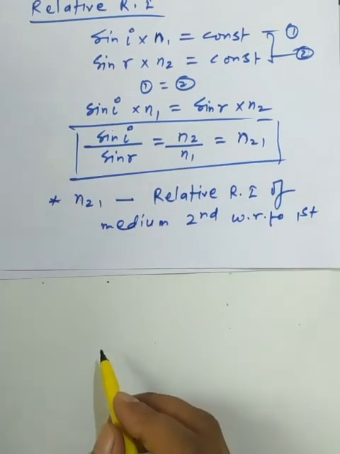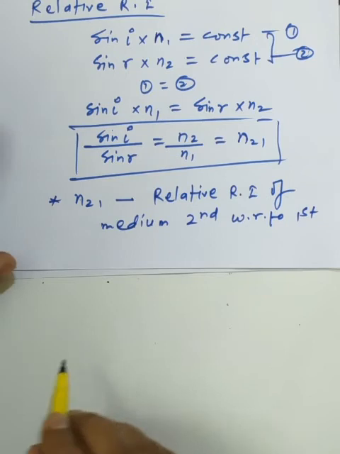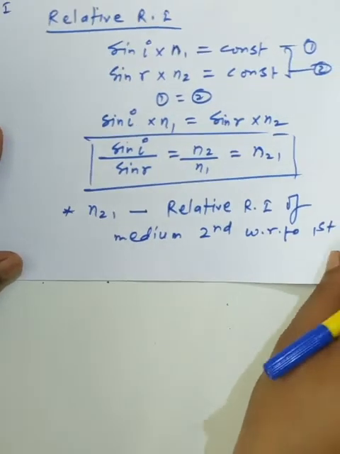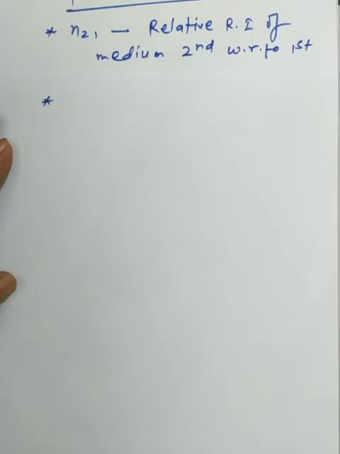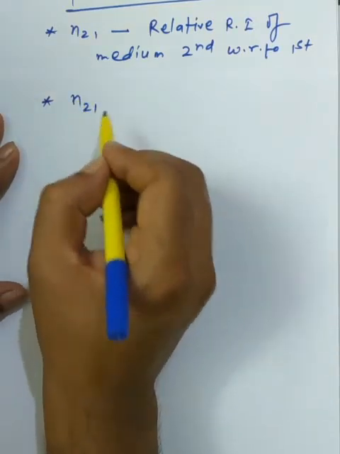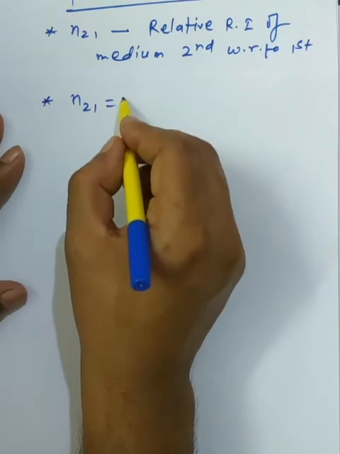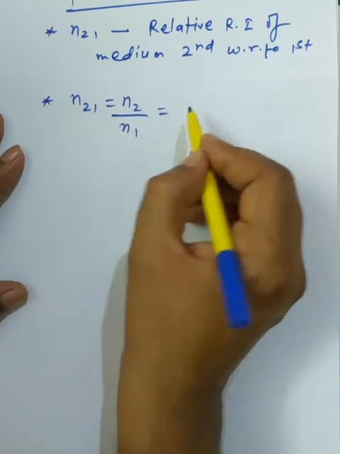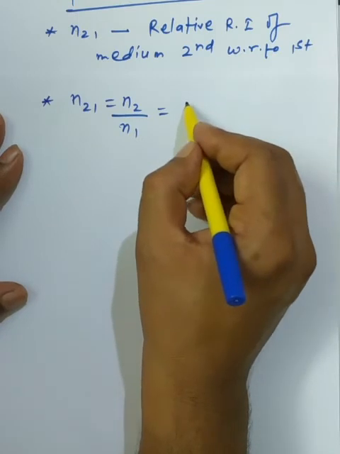This is the physical significance. Now we can twist this formula. How can we change this formula? I can write the formula in a different manner. Suppose n21 is the general implementation, that is n2 upon n1, and we are representing the refractive index n2 in the absolute part.